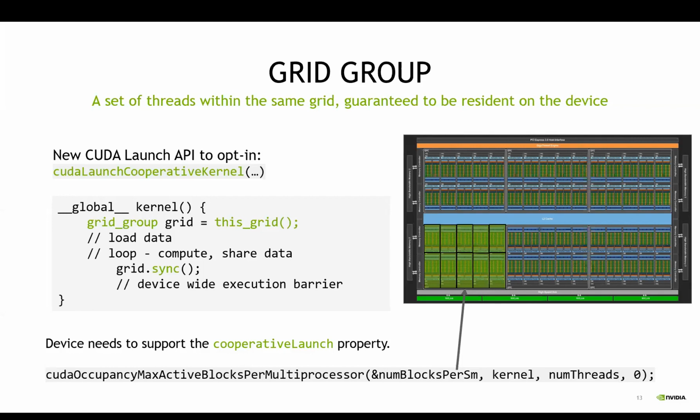As a thread block retires, in other words finishes its work, it leaves the SM and the CUDA work distributor picks up another thread block that's waiting in the queue and deposits it on that SM. This is basically the stream-oriented execution model of the GPU, okay? And there's nothing wrong with that, and that's basically the first kind of kernel grid description that we ran into.